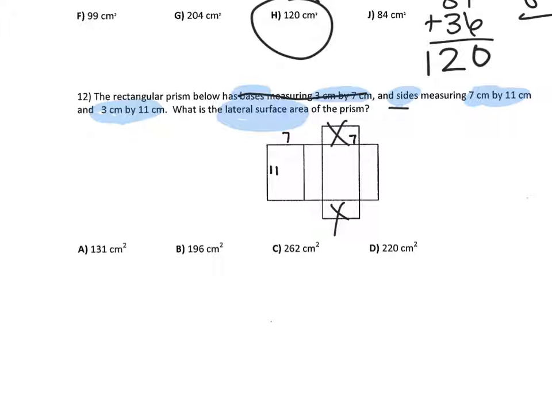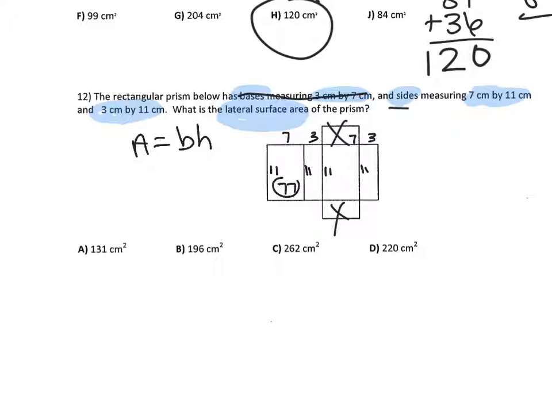So it'd be 7 and 11. And that would make these smaller ones be 3 and 11. So then 77, 33, which would be 66. So base times height for each of those, finding the area of each piece.